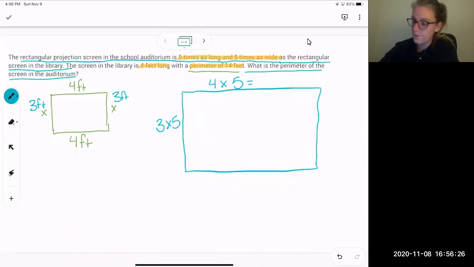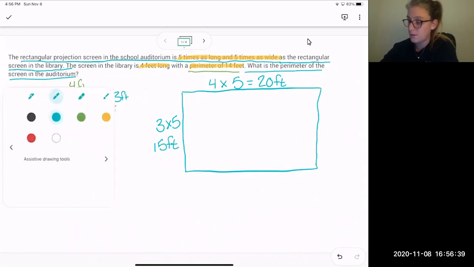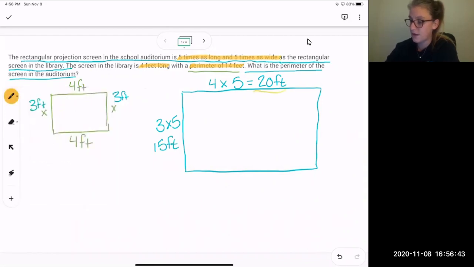So 4 feet times 5 is 20 feet, and 3 feet times 5 is 15 feet. Okay, so now we have our new dimensions. 20 feet is our new length and 15 feet is our new width.